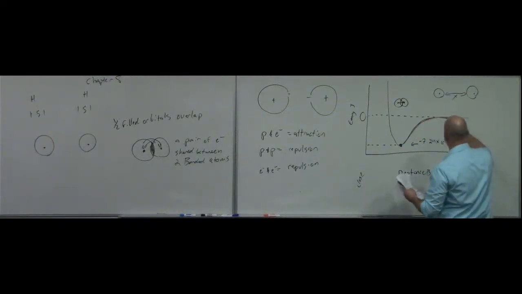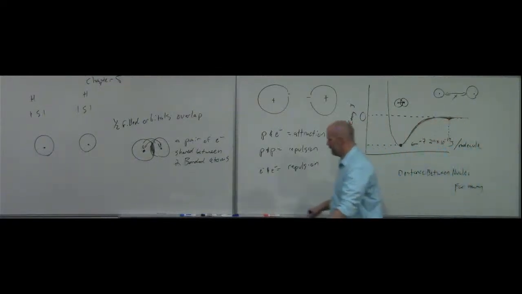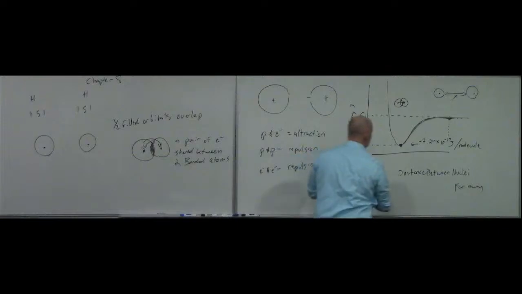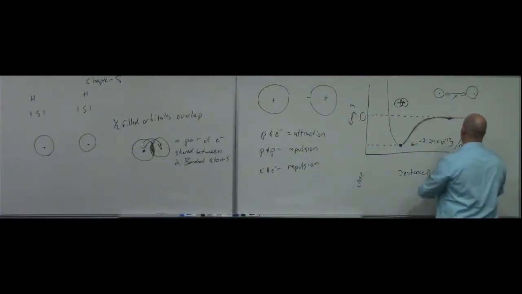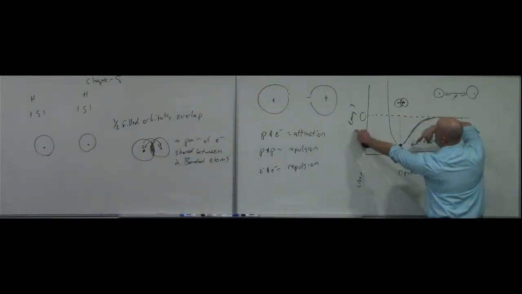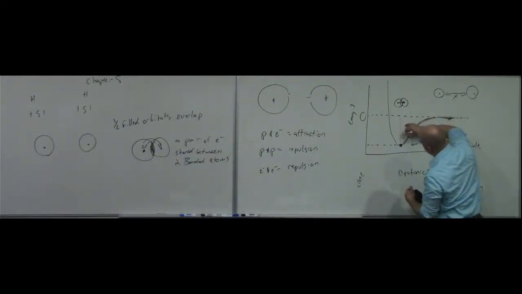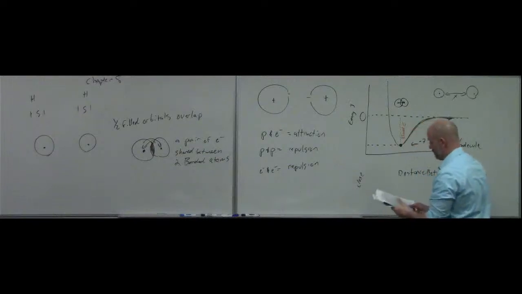So this distance here, I'm going to do it in black and white. This distance, I'm going to do it here. This is the bond energy. Makes sense? You need to know that.